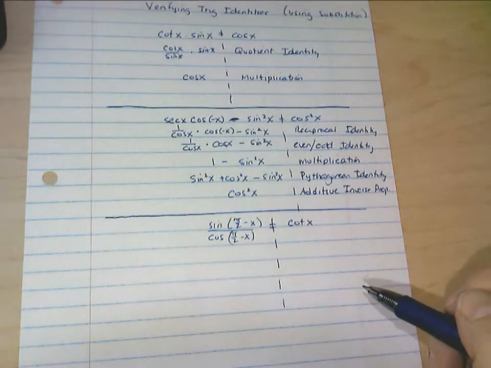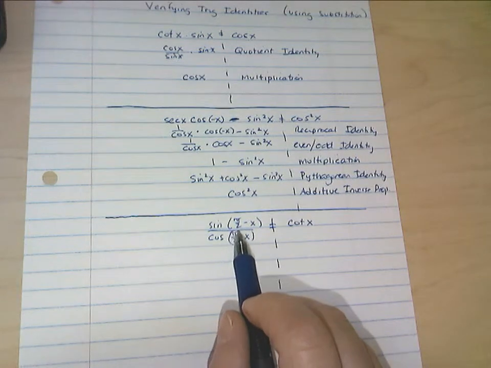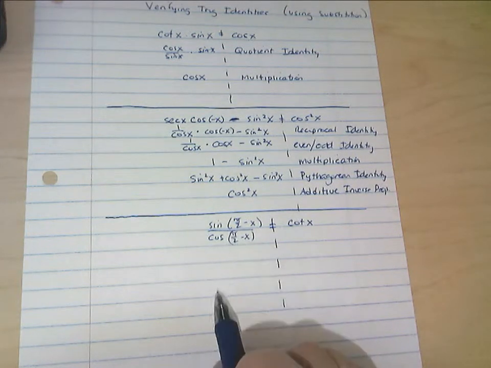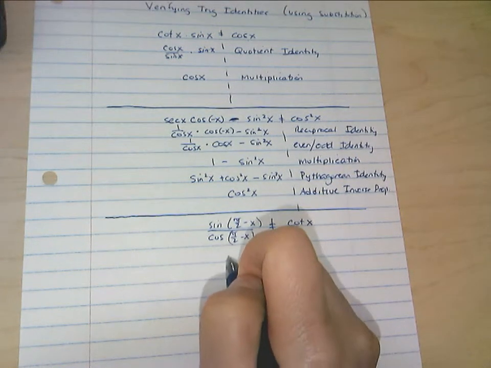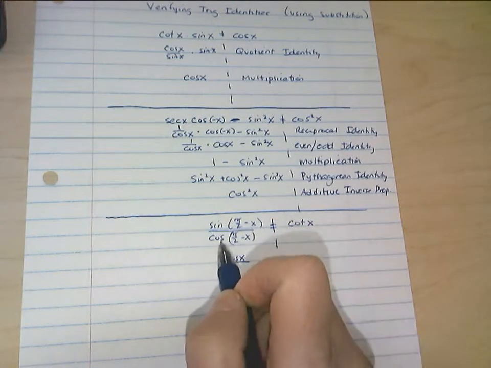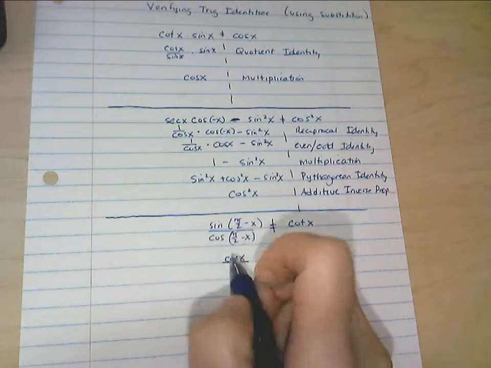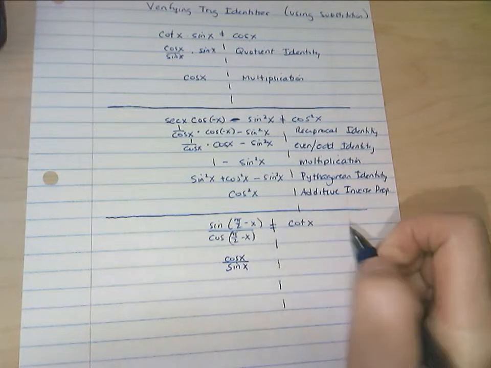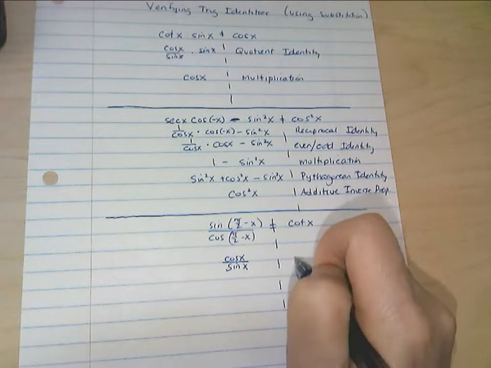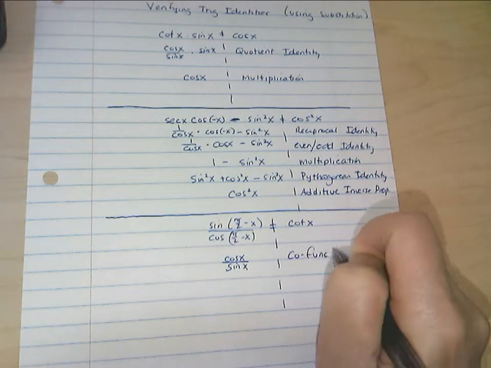Looking back at my identities, sine of pi over 2 minus x is equal to cosine x. And cosine of pi over 2 minus x is equal to sine x. That's called a cofunction identity.